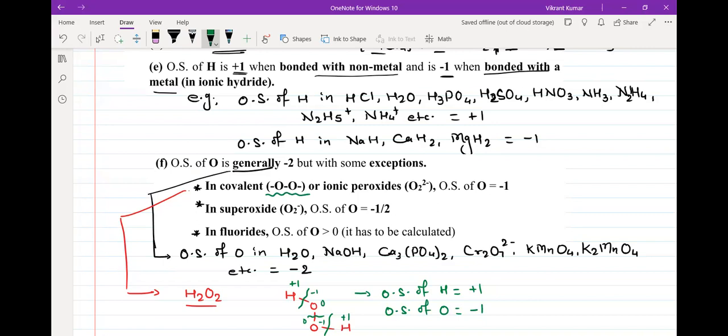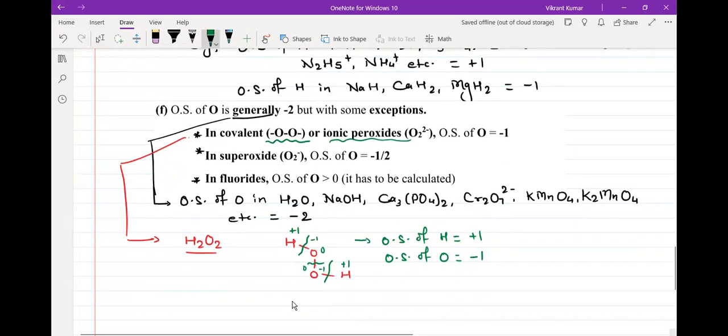Or if it is ionic peroxide, another example can be, कोई भी एक ले लो, जैसे K2O2 ले लिया, ठीक है. In such cases, just to identify what is the charge over the oxygen or what is the form of oxygen here, remove the cation.